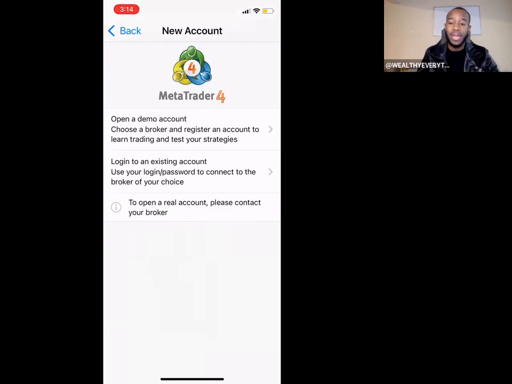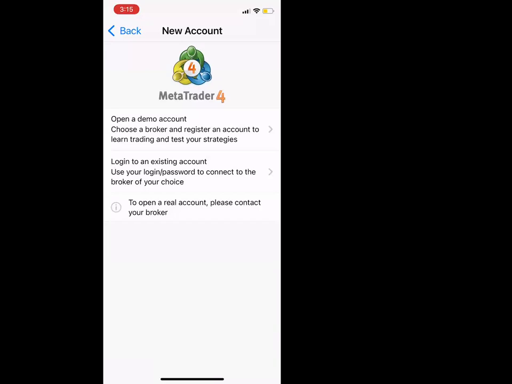You have a live account, but you can create yourself a demo account to practice your trades and get experience trading different types of currencies, commodities, or maybe crypto. You want to make sure your first trades on anything are typically on demo, so you can get the experience of what it's like to actually trade it, because not everything moves the same.